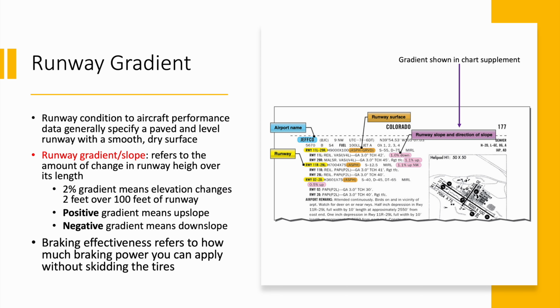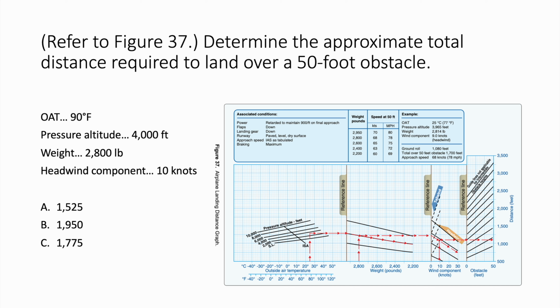If you're taking off uphill, it's going to require a longer distance. If you're landing downhill, generally you're going to float for a little longer. It also affects your brake performance. So when you're flying to an airport, do your research and understand all the aspects that are going to affect your performance.